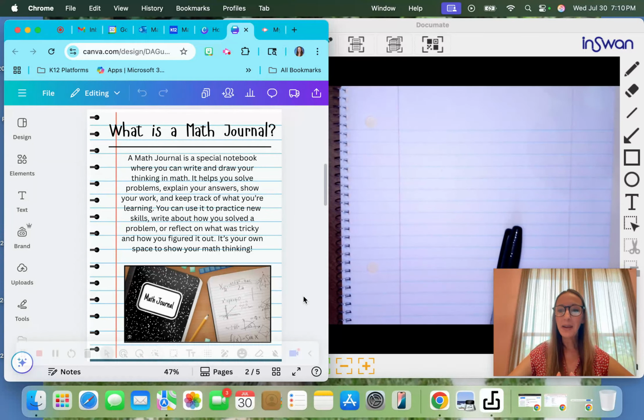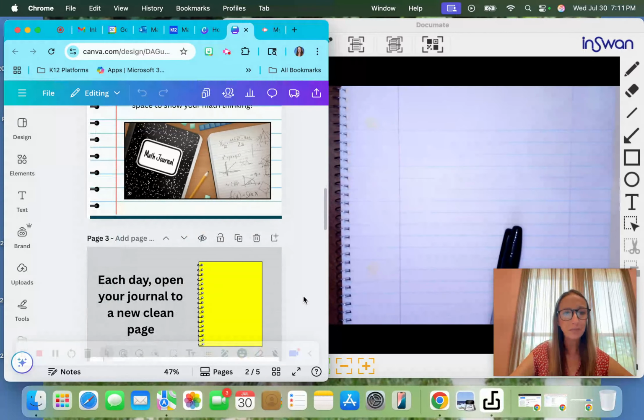So it is going to be a very special tool that is going to help you solve problems because a lot of our problems are too complex or difficult to try to do alone in your head. And so putting it down on paper can help you process and think through a problem. And so that is what we will be utilizing our math journal for this year.